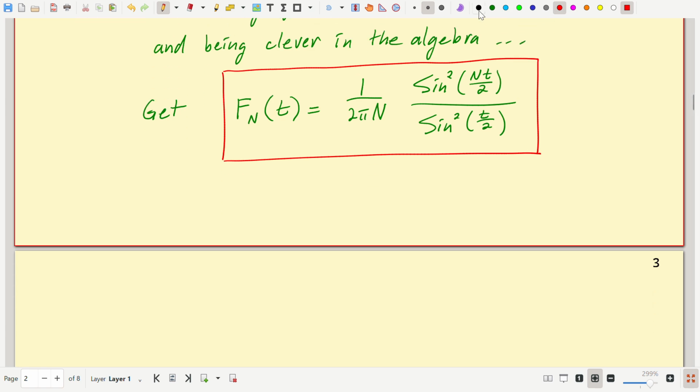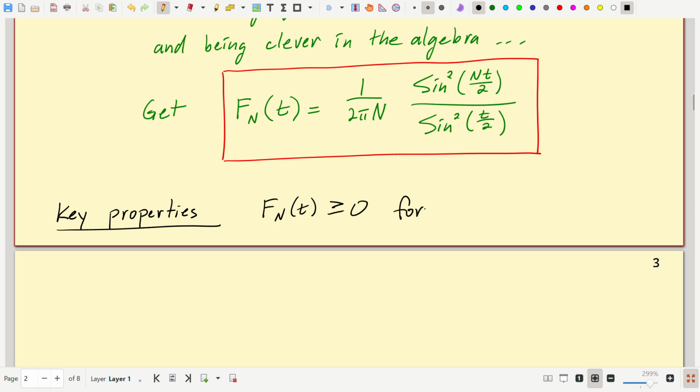So the key properties. Fn of t is greater than or equal to 0 for all t. Check.